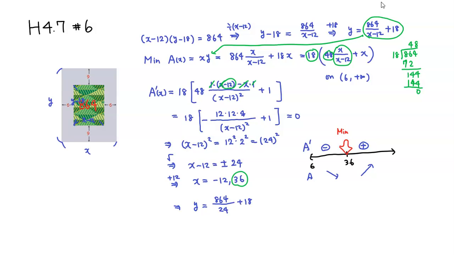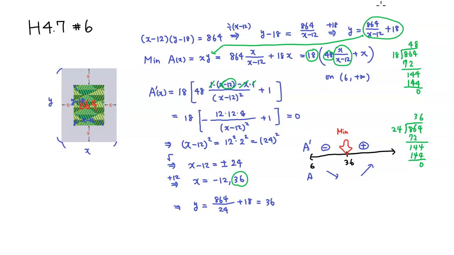What is 864 divided by 24? It's going to be 3. 3 times 4 is 12, so 72. So it's 144. And then 6 times 4 is 24, and 6 times 2 is 12, 144. Yep.